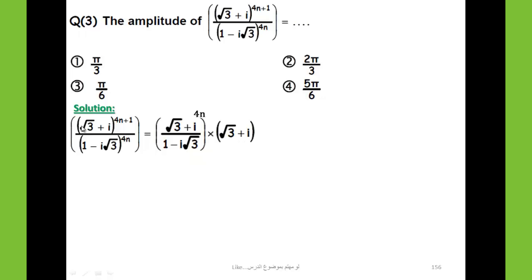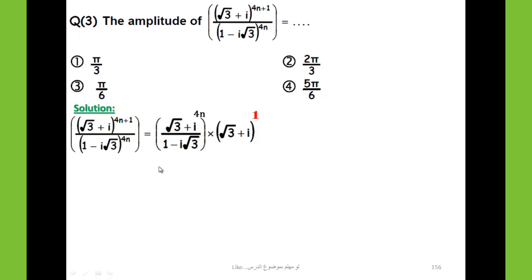Note here that root 3 plus i power 4n plus 1 is the product of root 3 plus i power 4n multiply root 3 plus i. As you know, when you multiply, we add powers: 4n plus 1.